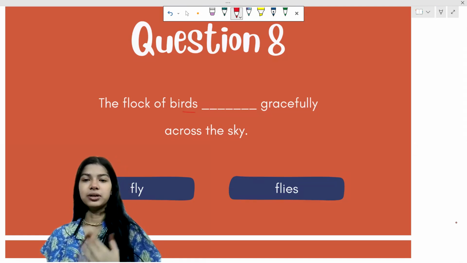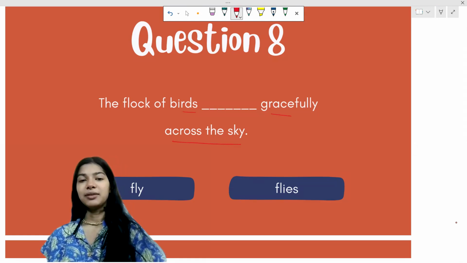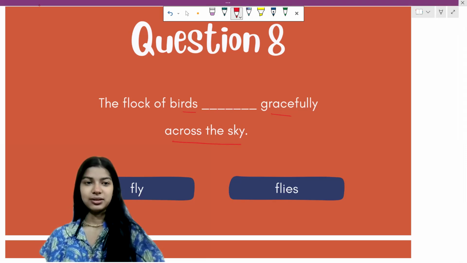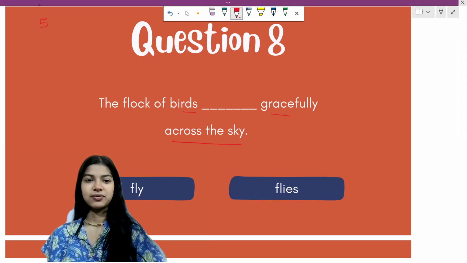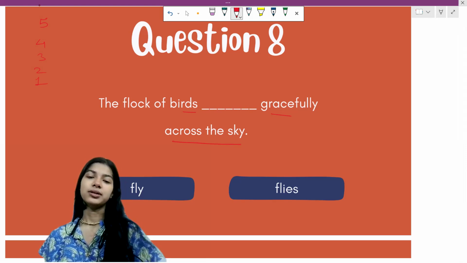A flock of birds gracefully blank across the sky. What can we hear? Can you please think about it? 5, 4, 3, 2, 1. Let's see. The flock of birds, since we are talking about only one thing, that is a flock.